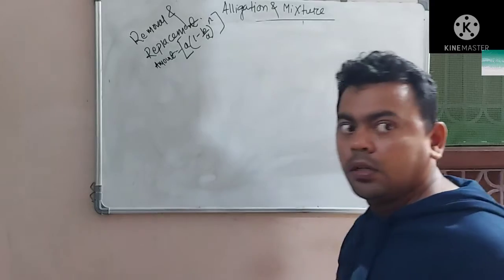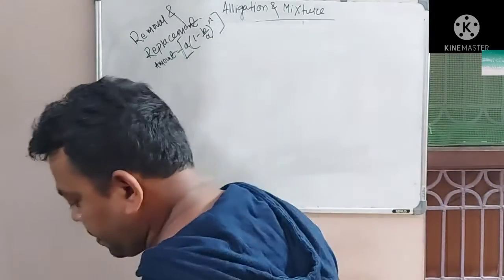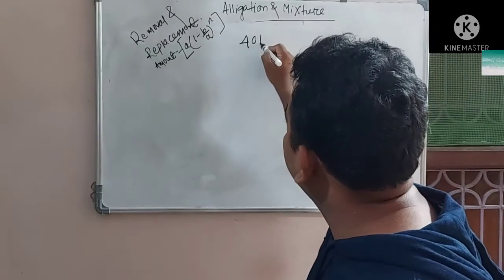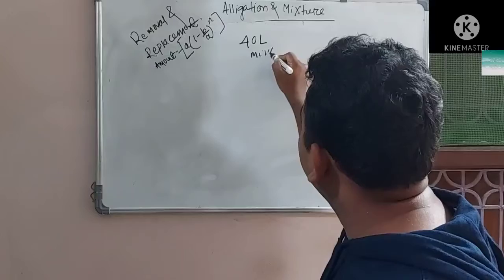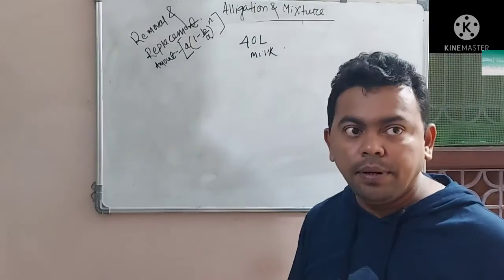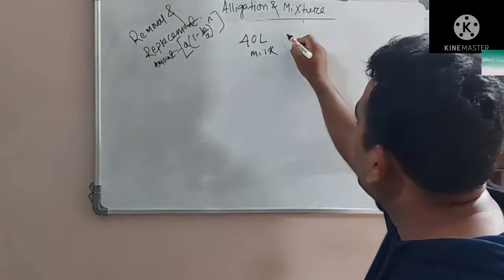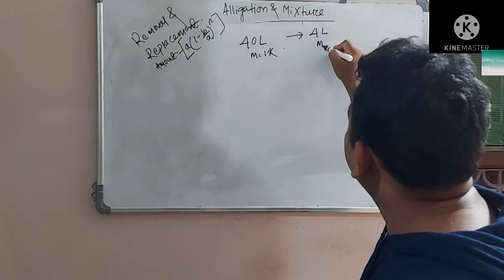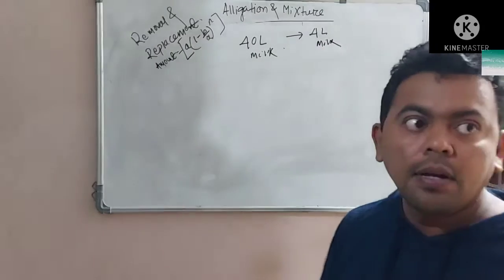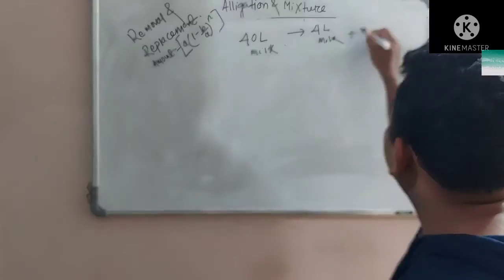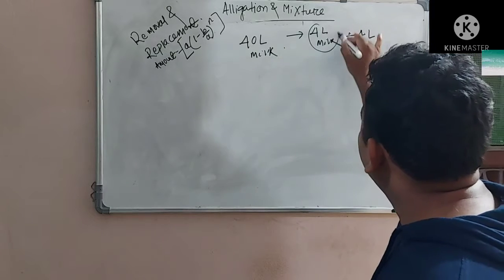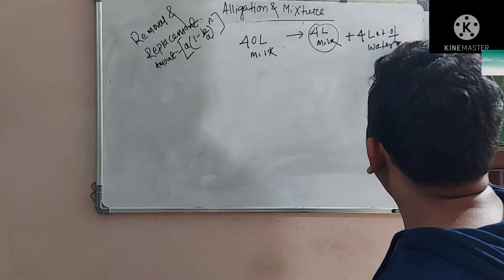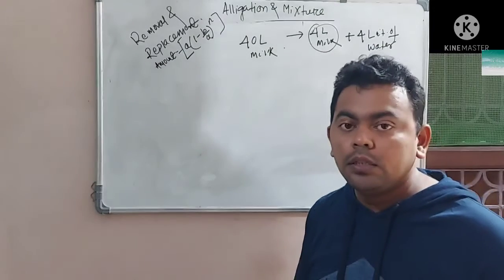This is the formula. So I take 40 liters of milk. Then I remove 4 liters of milk from it and add 4 liters of water into it.